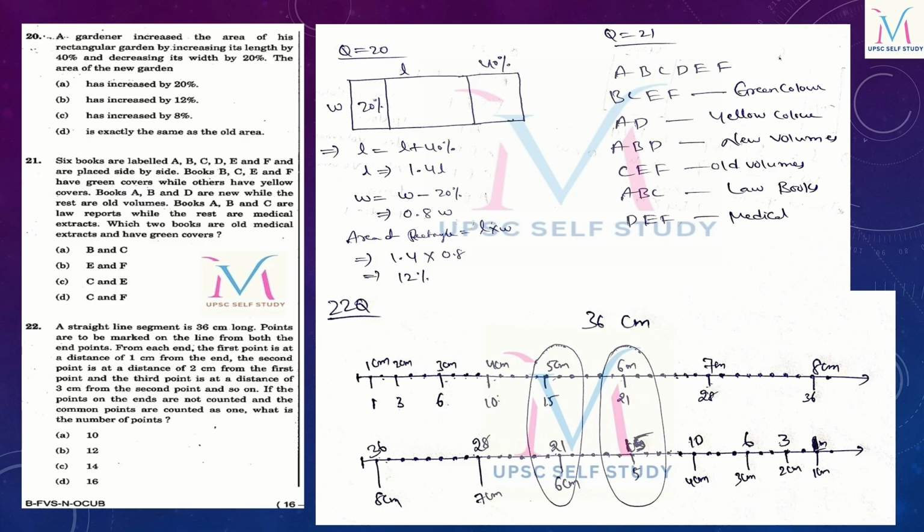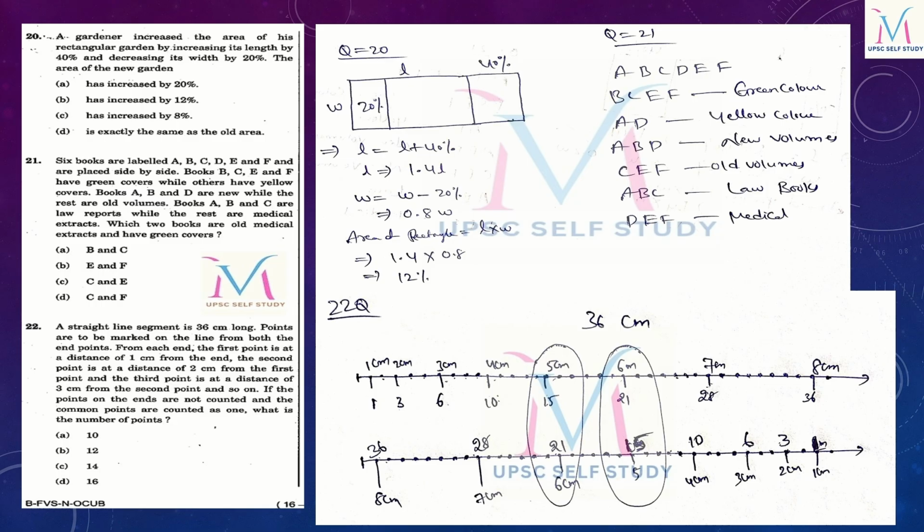If you look at the first line segment, the first point is at 1 centimeter, and the second point, which is number 3, is at a distance of 2 centimeters from 1, and in the middle there is one small dot, 2 centimeters.